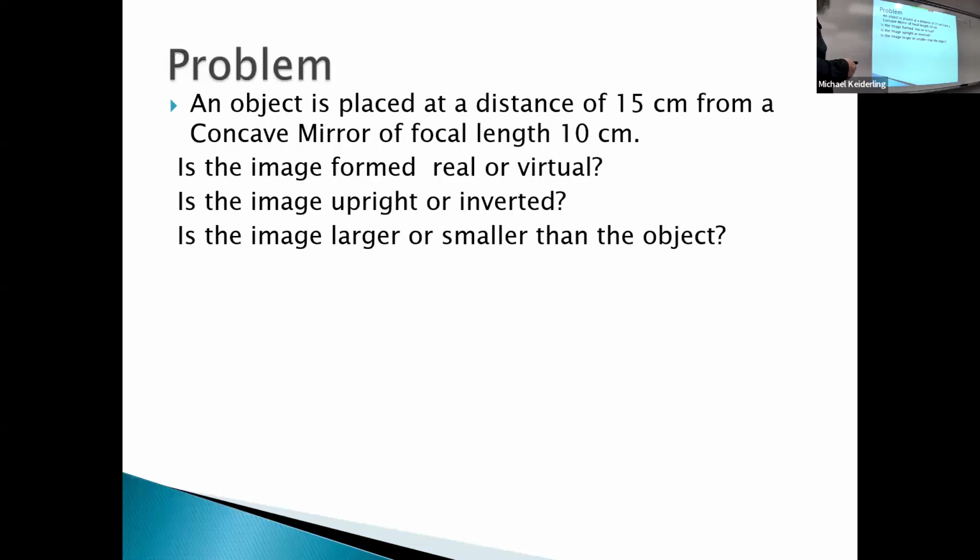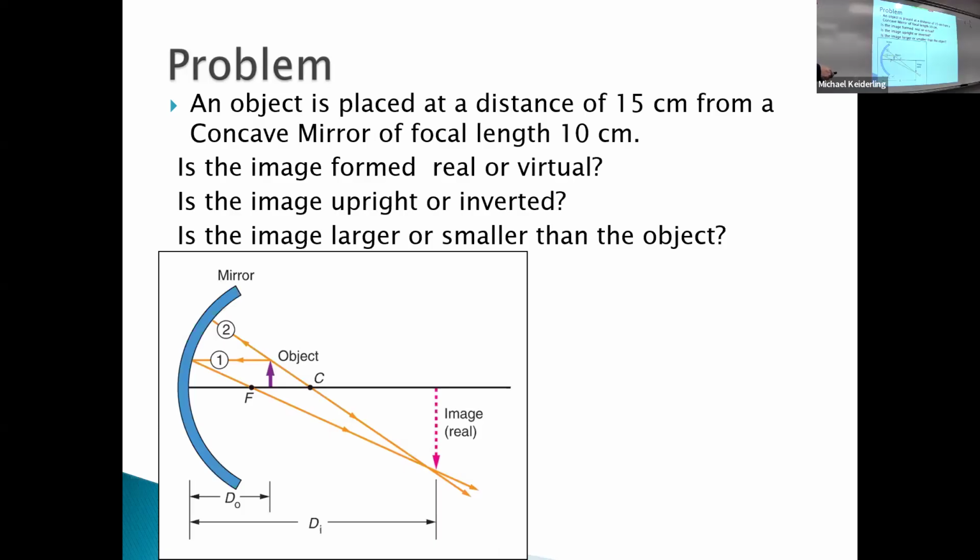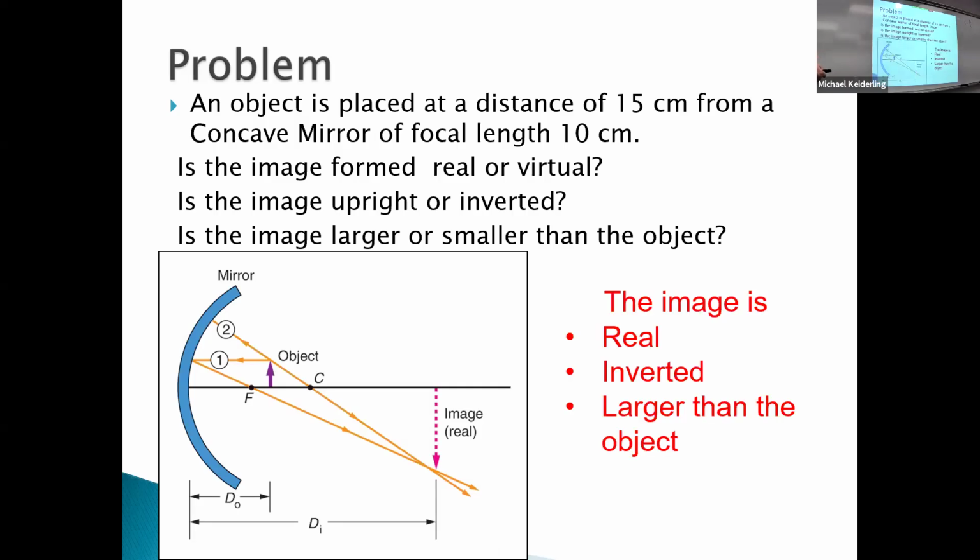We're beyond the focal length, so the image is going to be real, and therefore it will be inverted. And because we're in between the center of curvature and the focal length, the image will be larger than the object. It will look like this. We'll have a real inverted image that is larger than the object. So real, inverted, and larger than the object.